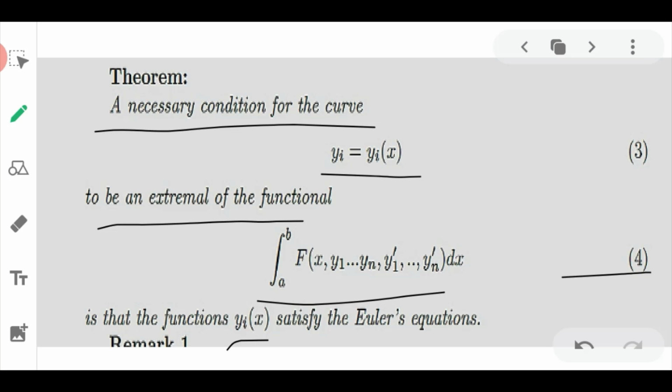This is basically the theorem, which is a generalization of the functional to n functions.